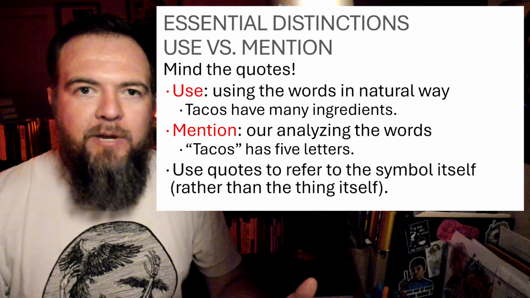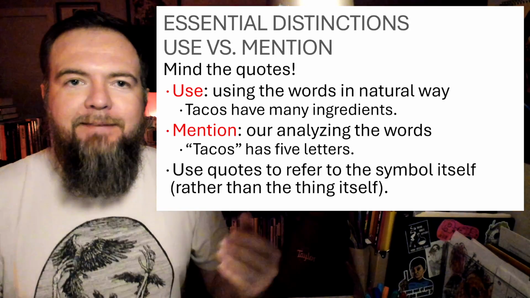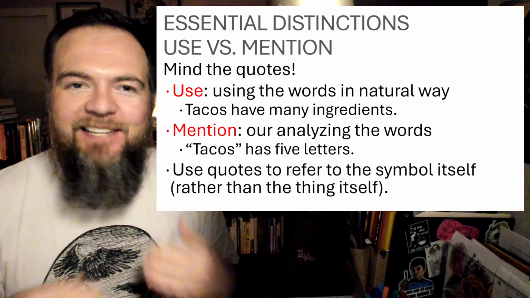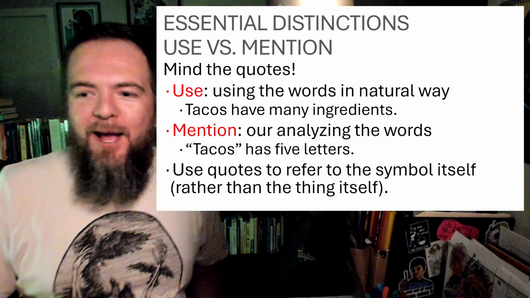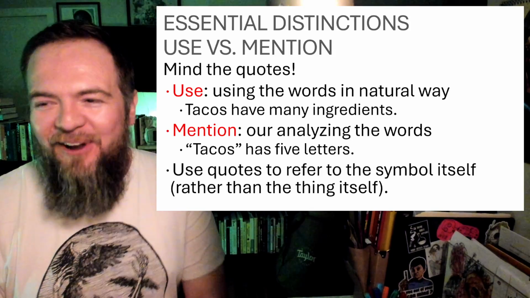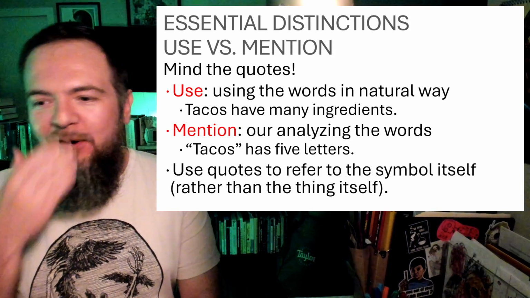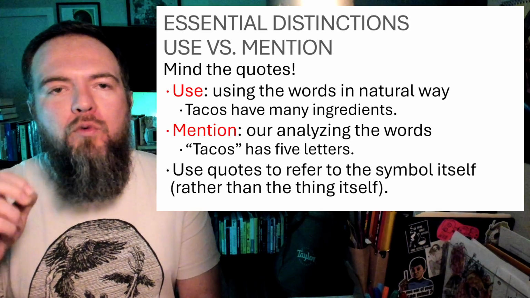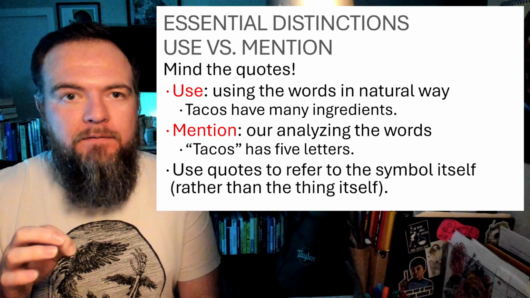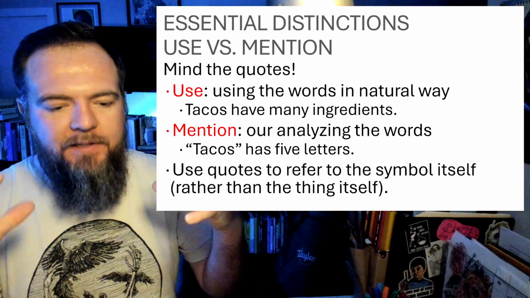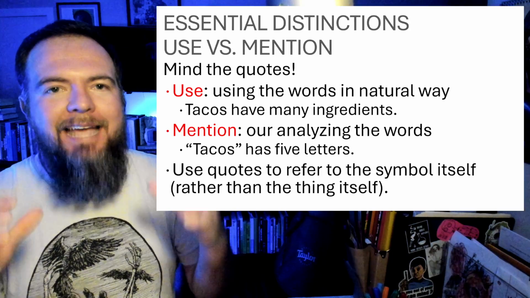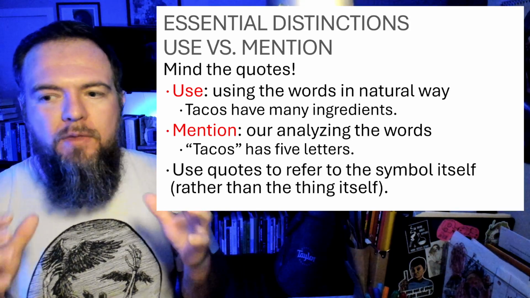Tacos can have many ingredients. Tacos typically do not have letters inside of them, unless we had like alphabet tacos or whatever. But that's not what I'm talking about here, right? So whenever you want to talk about the symbol itself, use quotation marks to basically draw attention to that word or to that symbol.